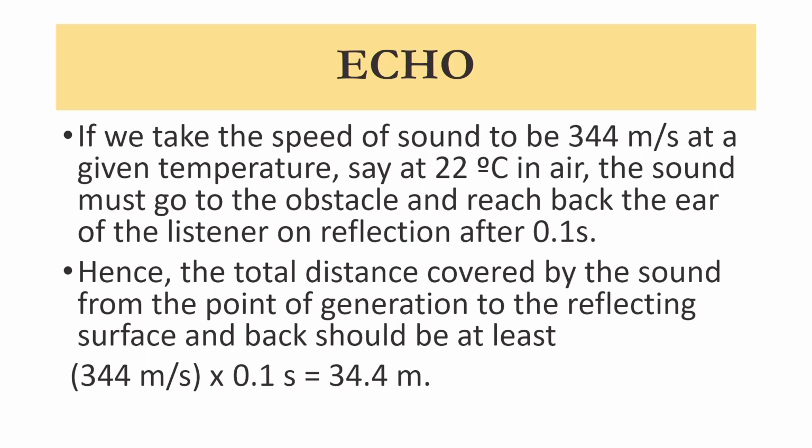Hence, the total distance covered by the sound from the point of generation to the reflecting surface and back should be at least 344 into 0.1, which is equal to 34.4 meters.